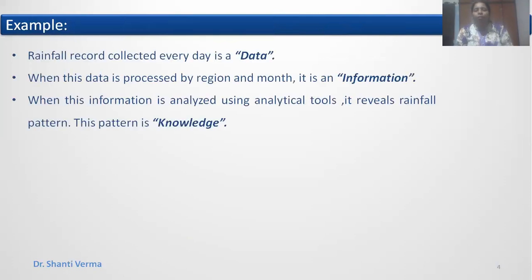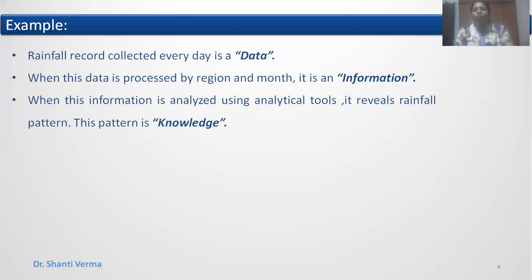Let's take an example which shows the difference between data, information and knowledge. If we say that a rainfall record is collected every day, it is data. When this rainfall record data is processed by region and month, it is information. As we already saw in the definition of information, if we arrange data in some manner, it converts into information.